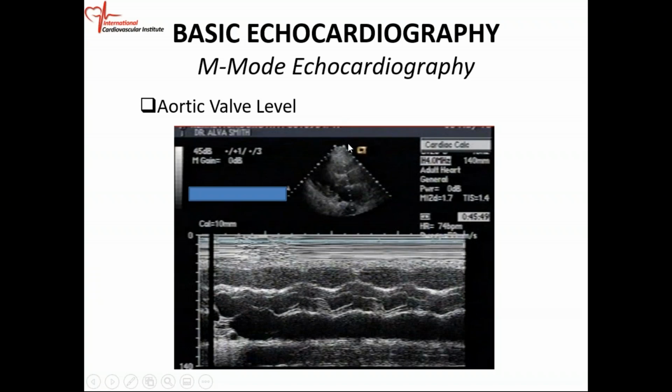The first structure that the ultrasound beam encounters, again, is the chest wall. Below the chest wall, you're going to have the pericardium again. You're going to have a little portion of your RV wall. Then it's going to come down, and you're going to have a little portion of the RV cavity.